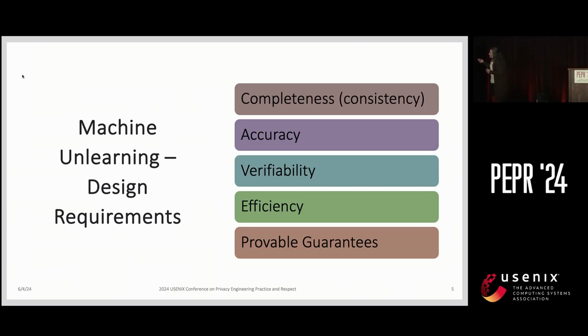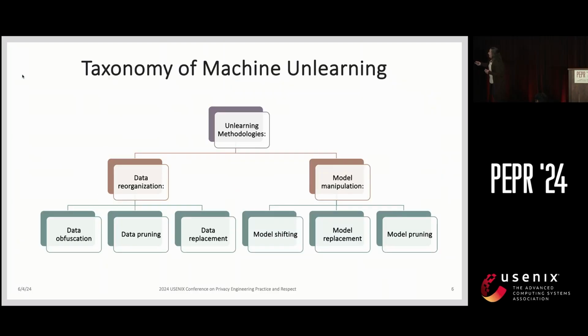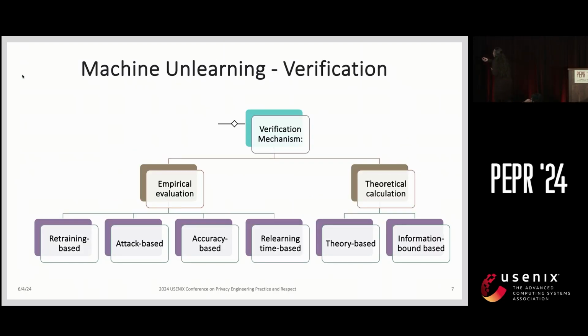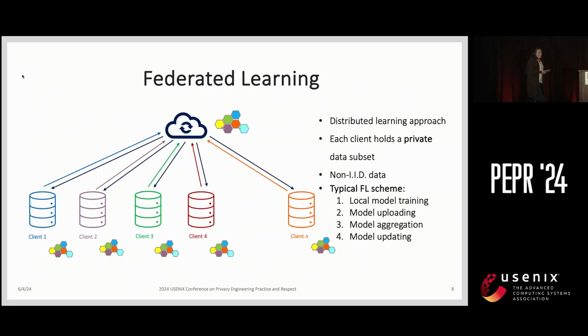When we add just a little bit of complexity to the equation, and when we start talking about federated learning, all of this in terms of complexity increases by a couple of orders of magnitude. So what are some challenges that federated learning brings? Federated learning, as is probably familiar to all of you, is a distributed learning approach that all of us in PPML really like because it is an approach that allows us to jointly train a machine learning model such that every single client holds their private data set and they are never releasing the data to anyone else.